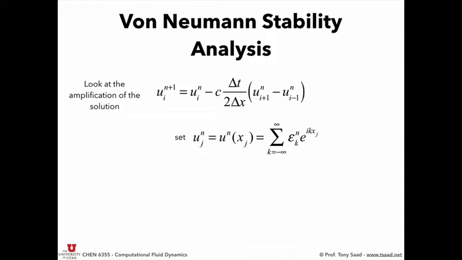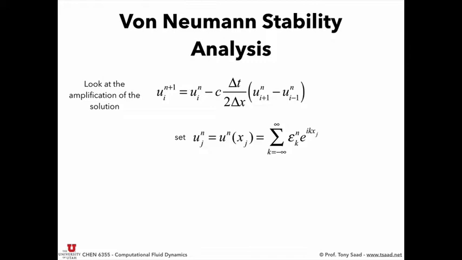There's a coefficient, epsilon_k^n, times e^(ik x_j). What this is saying is that e^(ik x_j) represents a signal in space that is multiplied by something that changes in time. Notice there's no time in this term.